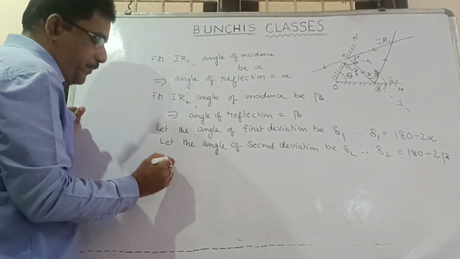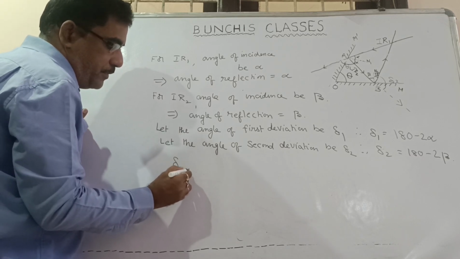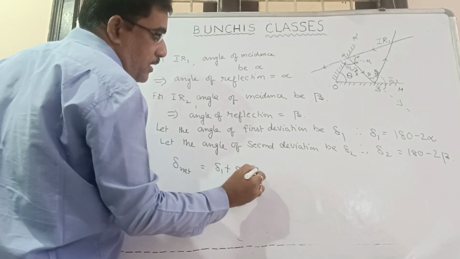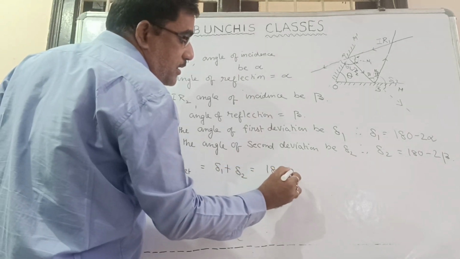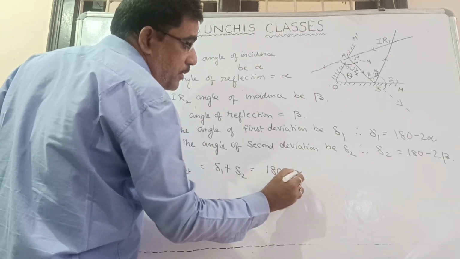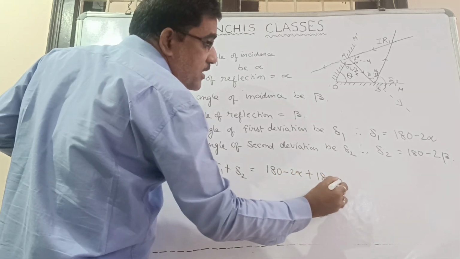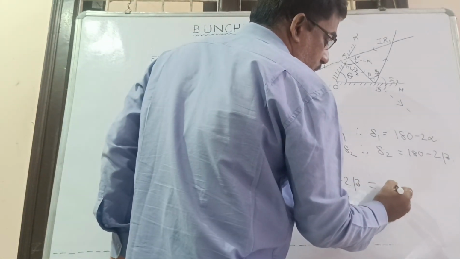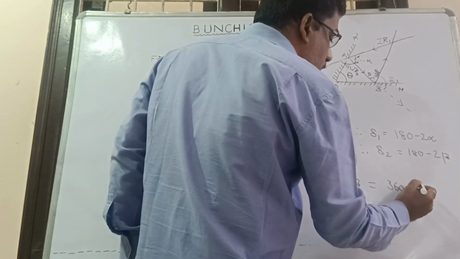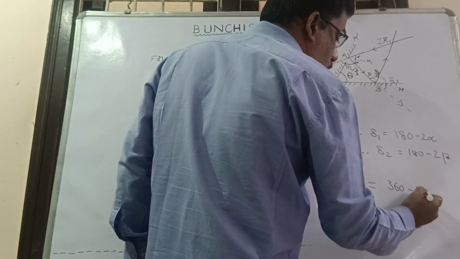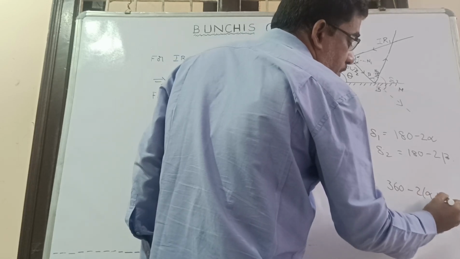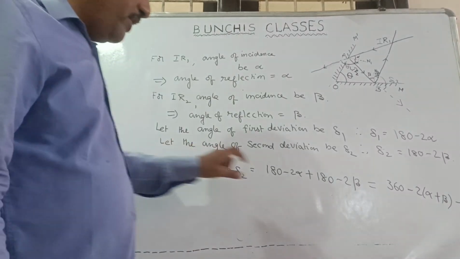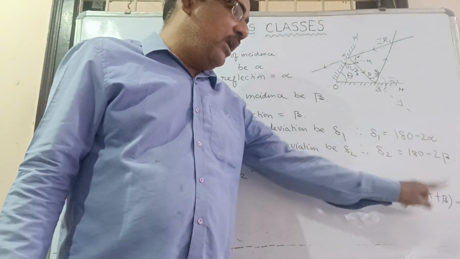So, net deviation: delta net is equal to delta 1 plus delta 2, that is 180 minus 2 alpha plus 180 minus 2 beta, which is equal to 360 minus 2 into alpha plus beta. This is number 1. So net deviation is 360 minus 2 into alpha plus beta.